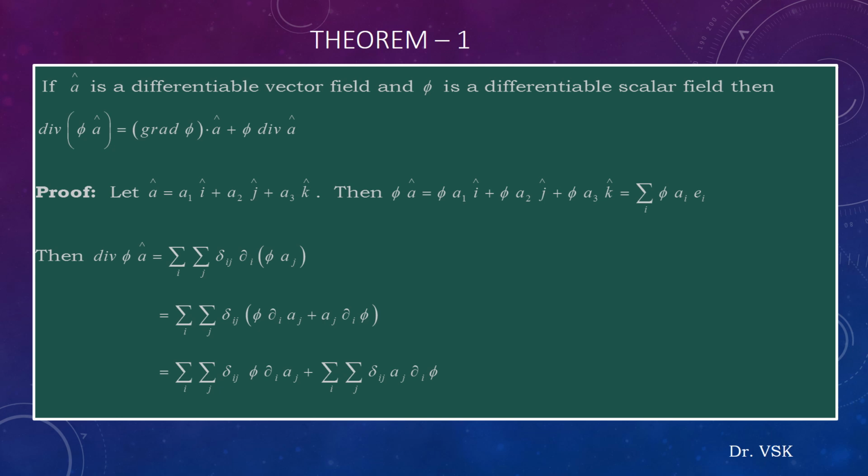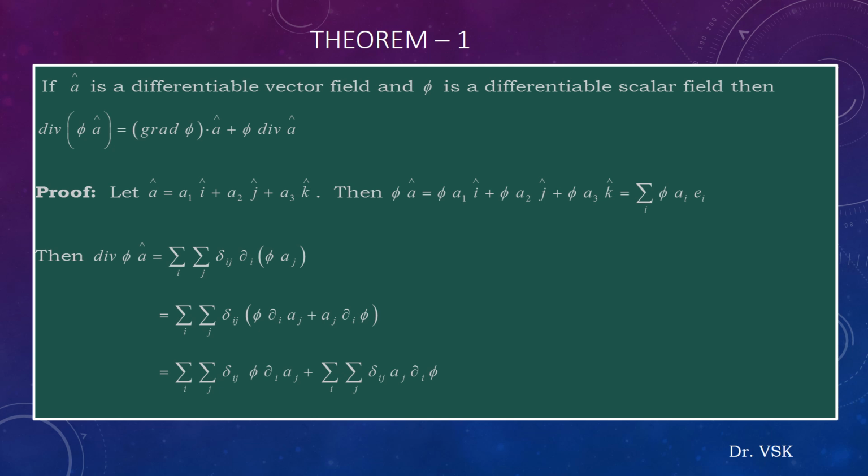First consider our differentiable scalar field phi and the given differentiable vector field a cap equals a1 i cap plus a2 j cap plus a3 k cap.